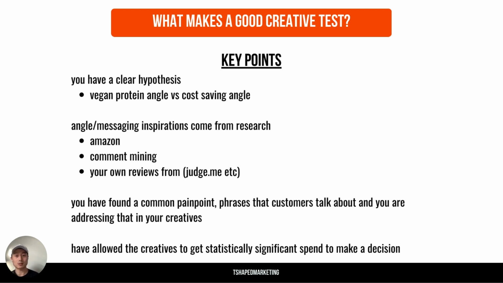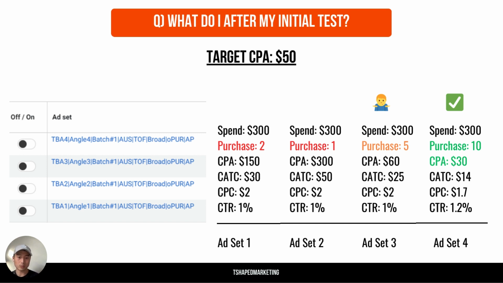Okay, so what do I do with my initial test? The one I talked about before, I call it round one, rapid fire testing. For example, I'll give you a scenario here. A target CPA, cost per acquisition, is $50, and asset one spent 300. Asset two, as you can see, spent the same amount.